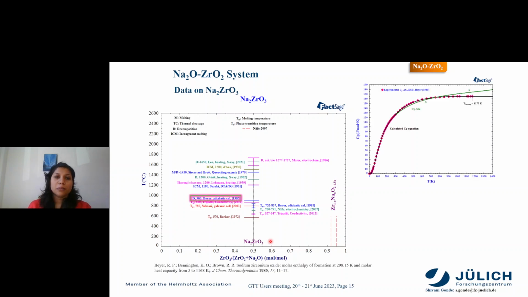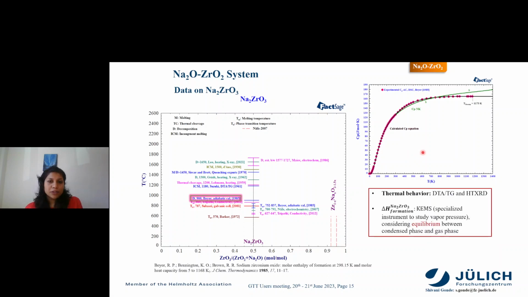And we have adopted the experimental points of specific heat capacity from the study of Bayer and created our CP equation for the same. And this will be utilized for the modeling of sodium zirconate. And on the experimental side, we wanted to investigate the real thermal behavior of this compound, so transition and melting, and also the formation enthalpy.